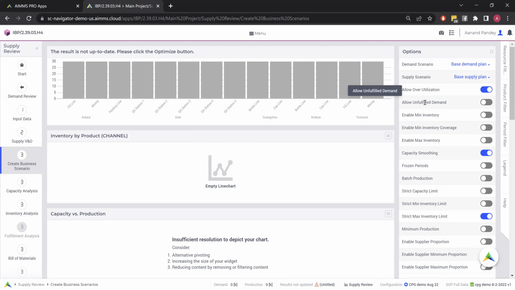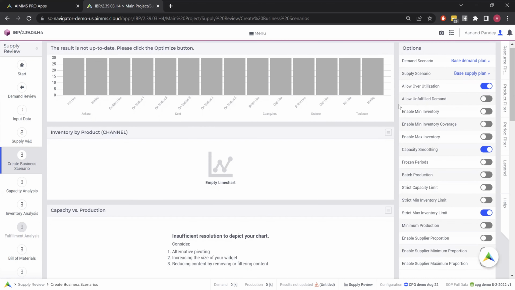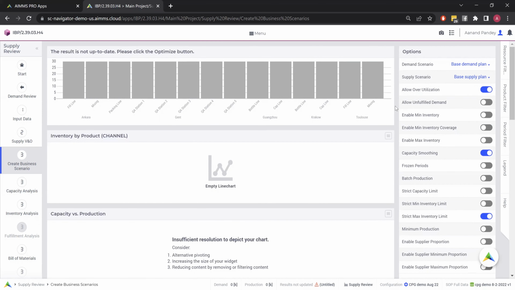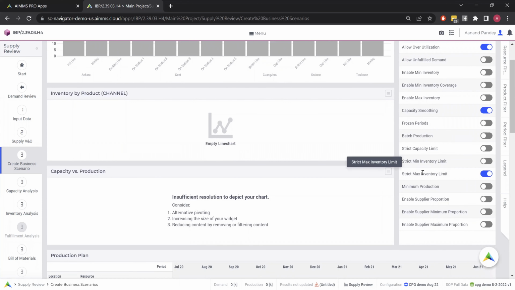We are not allowing unfulfilled demand. So we are forcing the tool to meet the full demand of your business. We have enabled capacity smoothing, which lets the tool know that it can build inventory beforehand to accommodate higher demand in the future periods. And we are enforcing strict maximum inventory limits, which cannot be exceeded for certain plans for certain months.